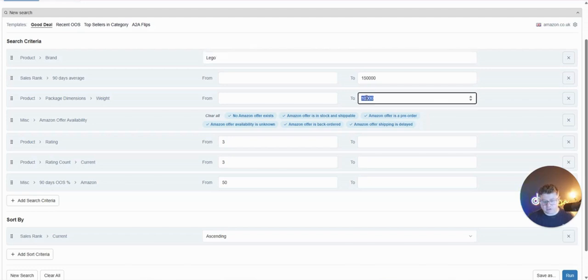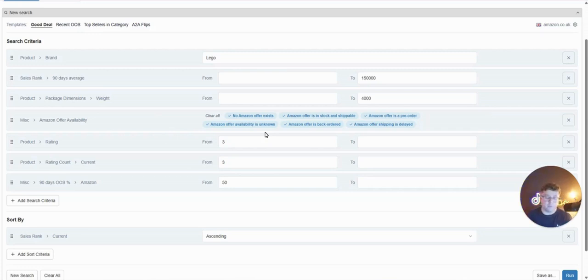So I am going to change this to 4 kilograms just because I am on Lego, and Lego doesn't really weigh too much. Possibly the bigger sets weigh just over 4 kilograms, but I think 4 kilograms is quite nice for what we've got.